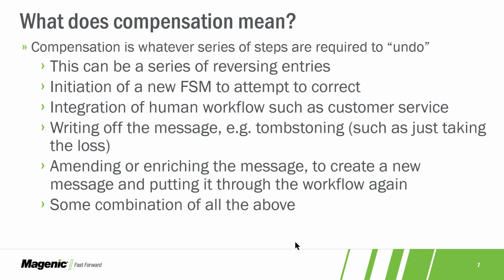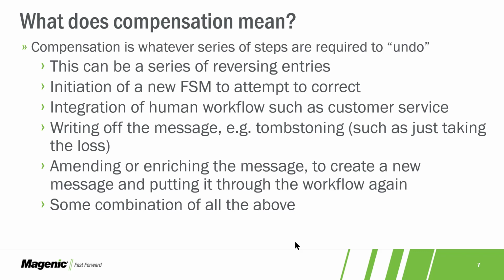So there's a couple of different compensation mechanisms. Reversing entries is what's used in bookkeeping. If I am a bookkeeper and I accidentally do a transaction against the wrong account, then double entry bookkeeping says that I don't delete that transaction, but instead I enter a transaction that's the opposite of that transaction. And that's a reversing entry.